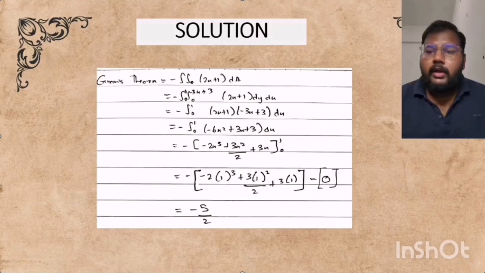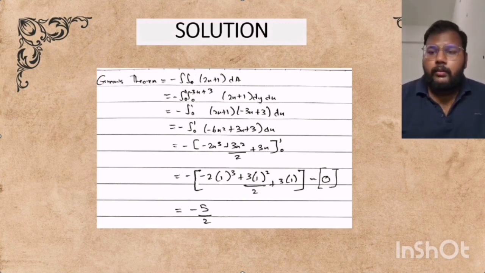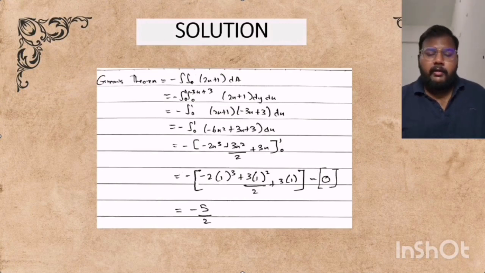We get negative 2x to the power of 3 plus 3x to the power of 2 divided by 2 plus 3x. So we continue by replacing x with 1 and 0. Negative 2 multiplied by 1 to the power of 3 plus 3 multiplied by 1 to the power of 2 divided by 2 plus 3 multiplied by 1, then subtract the value at 0, and the answer is negative 5/2.